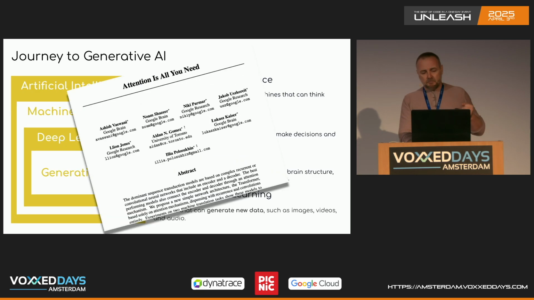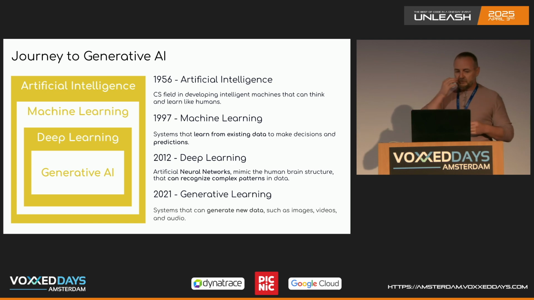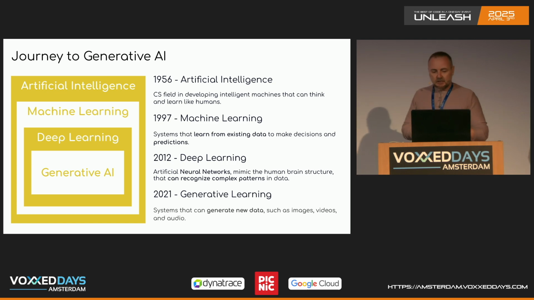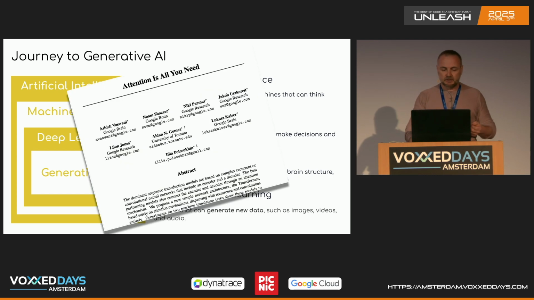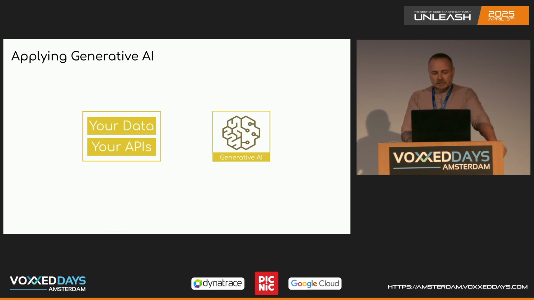This morning, the important bits about the history of artificial intelligence started around the 60s. And around 2022, this new type of deep learning model based on "Attention Is All You Need" from the DeepMind team at Google drove and created this new type of deep learning model, the generative AI one.